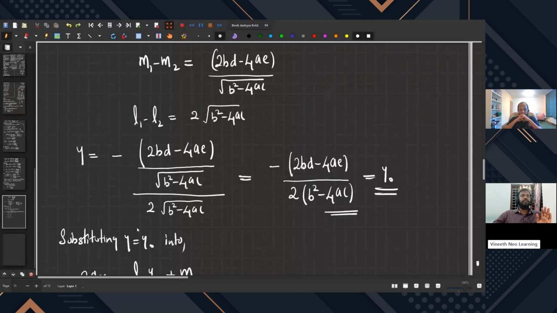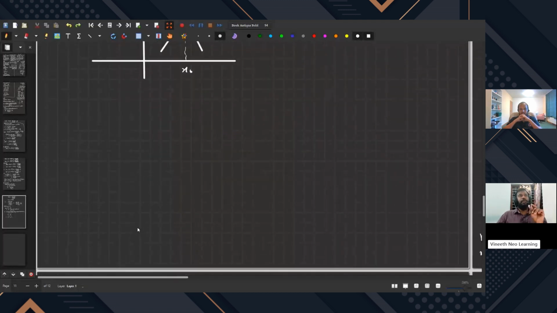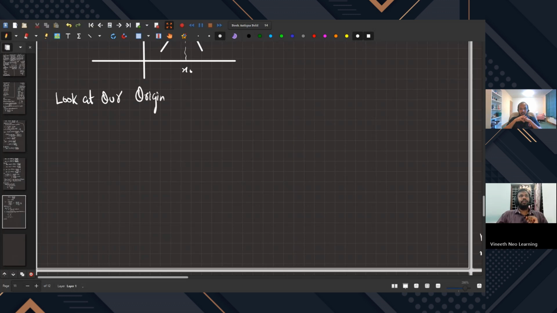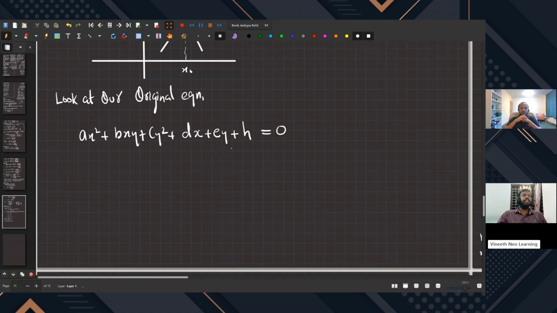So we can conclude our discussion here. But let me take 1 minute to express another important thing. If we look at our original equation, ax squared plus bxy plus cy squared plus dx plus ey plus h, we have made this equation into an equation in x.